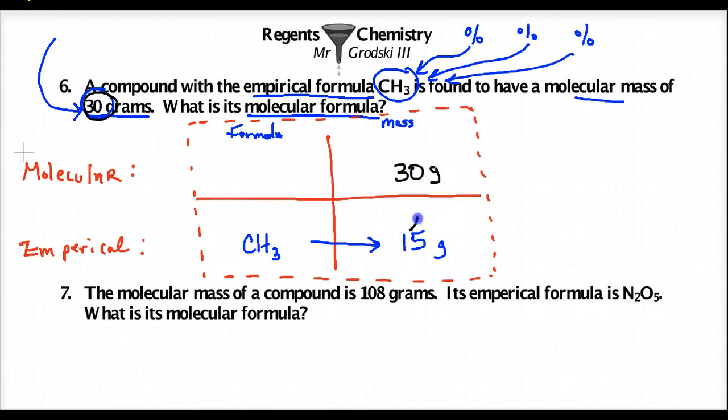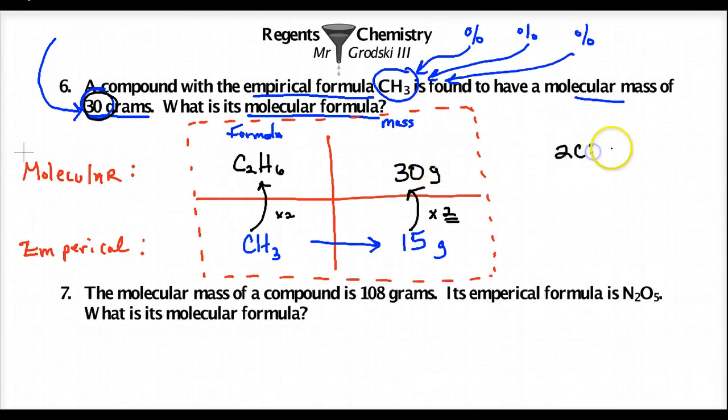For me to go from 15 to 30, that's a multiple of 2, a whole number. Well, my friends in chemistry, whatever I do to this side, I have to do to this side. So this is a multiple of 2. 2 times 1 carbon is C2, and 2 times 3 H's is 6 H's.